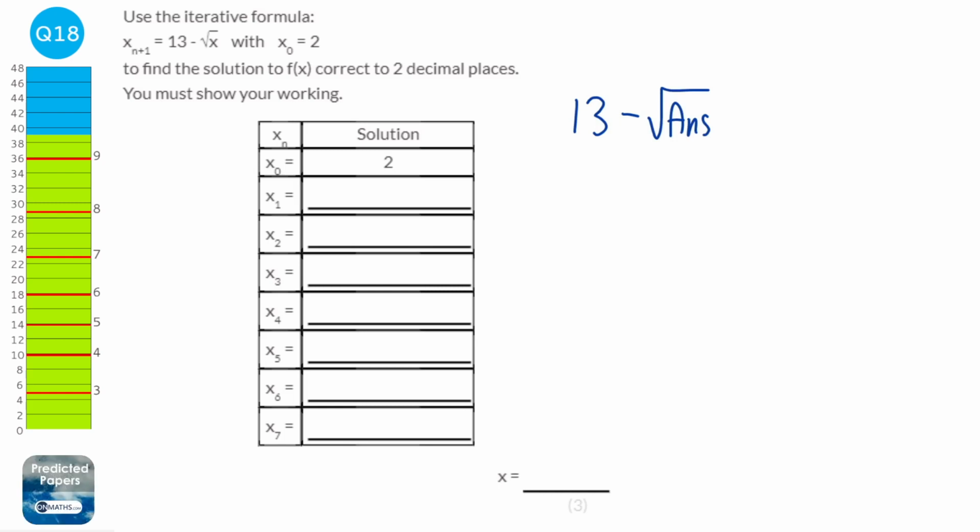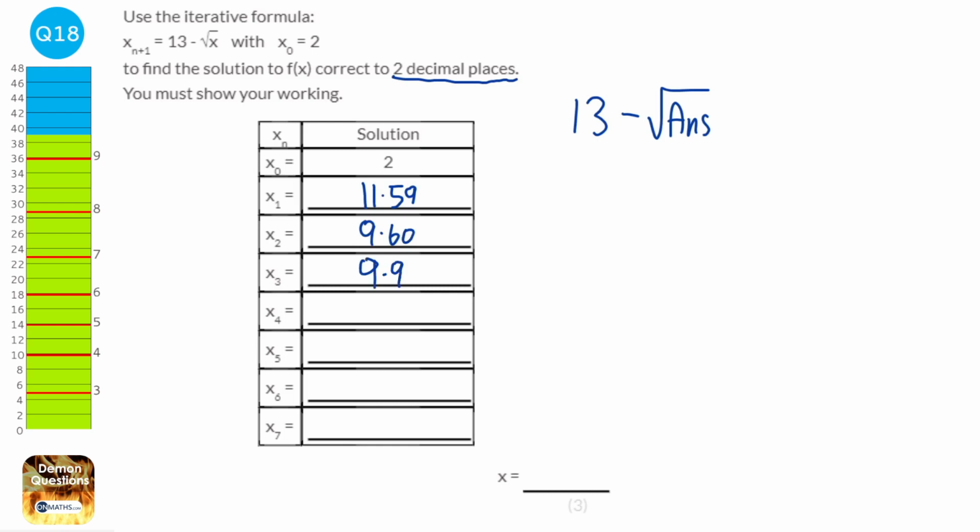And then next time we press equals, it will get this 2, feed it into this, and then work out what the next solution is. When you do that, you get a solution of 11.59 when rounded to 2 decimal places. Press it again, you get 9.60, again rounded to 2 decimal places.